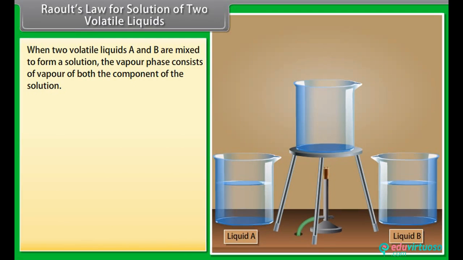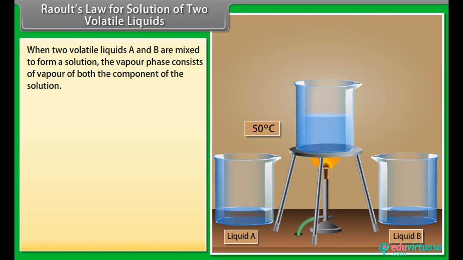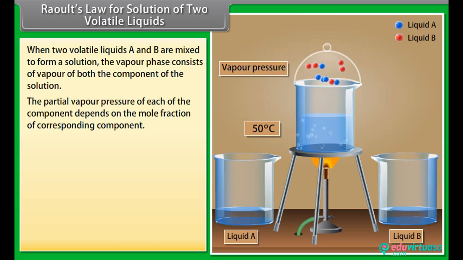Raoult's Law for solution of two volatile liquids. When two volatile liquids A and B are mixed to form a solution, the vapor phase consists of vapor of both the components of the solution. The partial vapor pressure of each of the component depends on the mole fraction of corresponding component.